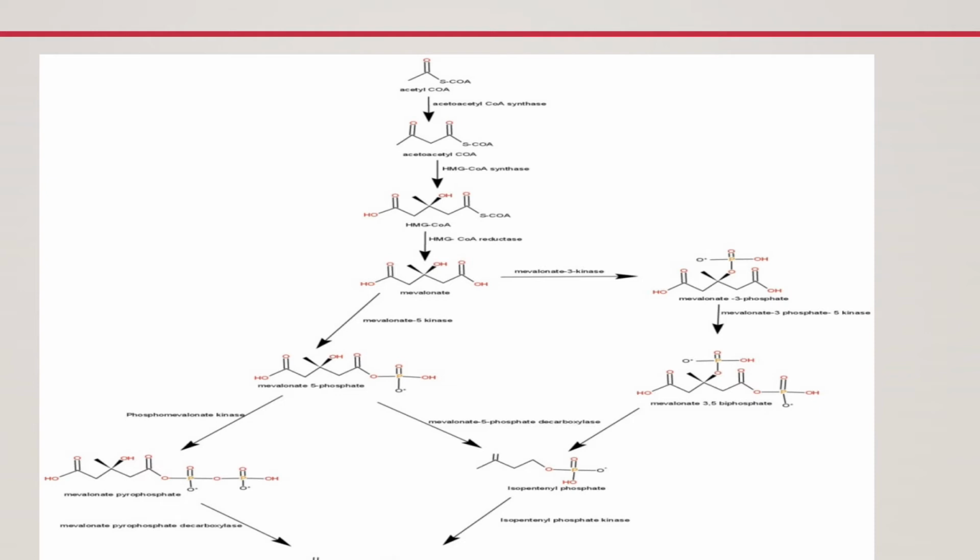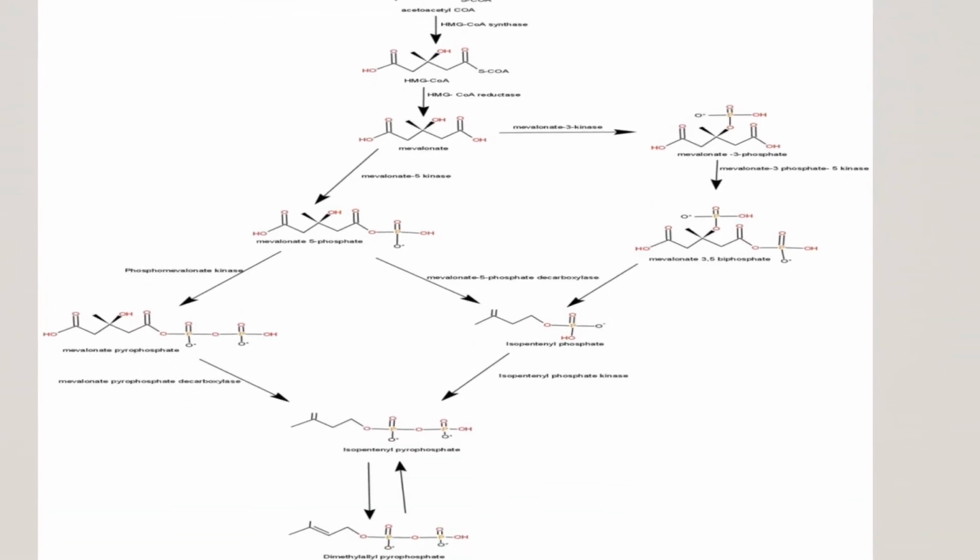This mevalonate pyrophosphate undergoes decarboxylation and forms isopentenyl pyrophosphate. So mevalonate 5-phosphate goes to mevalonate pyrophosphate, and mevalonate pyrophosphate to isopentenyl pyrophosphate.